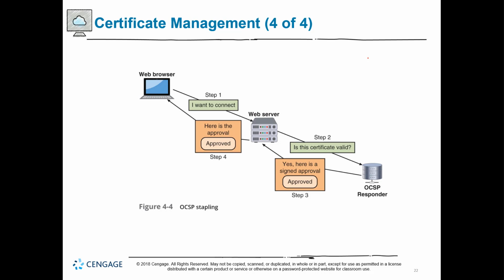So essentially, we're on a web browser. We want to go to, let's say, Google. We send the information to connect. The web server has to verify the certificate is valid. The OCSP will actually give the approval if it's valid or not. The web server will respond with it's valid and approved, and we can then view the website.